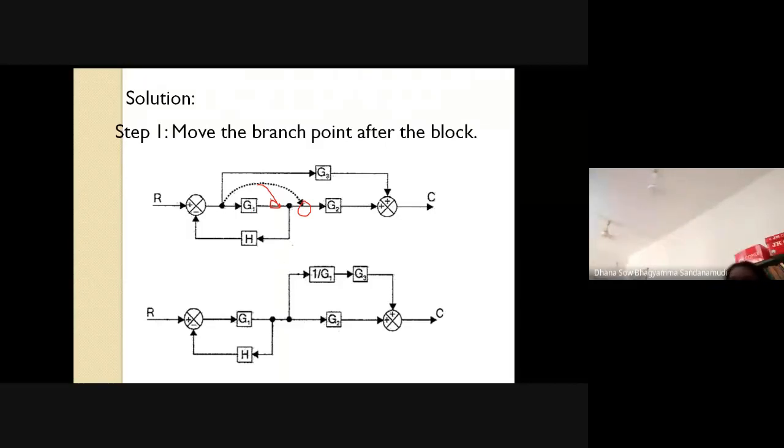So for simplification, I have moved this branch point here, ahead of this block. So a gain value related to G1 will be added in this path. What is it? 1 by G1. 1 by G1 will be added.